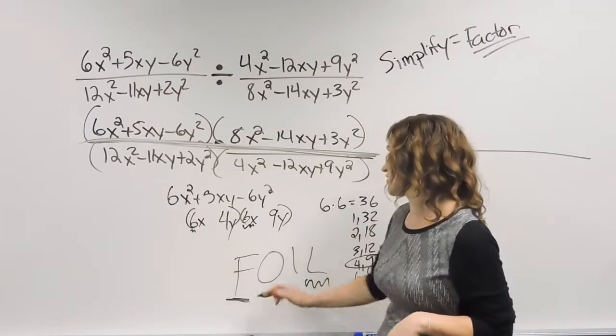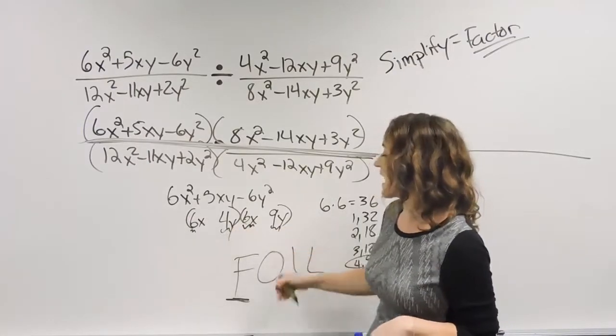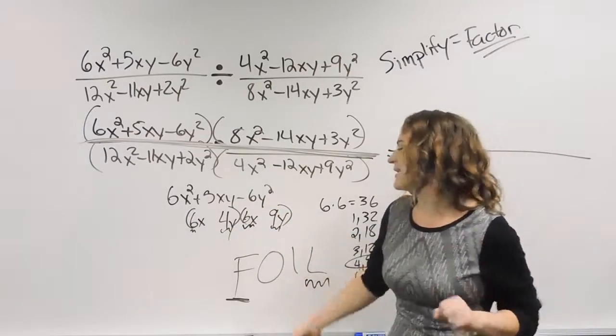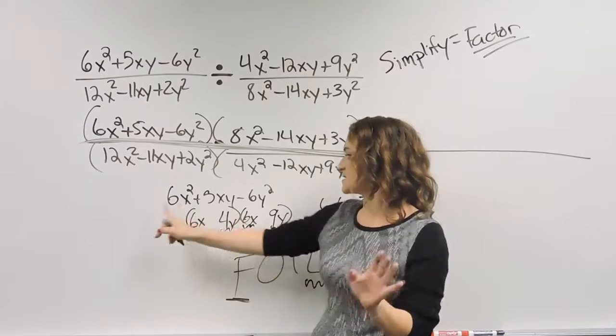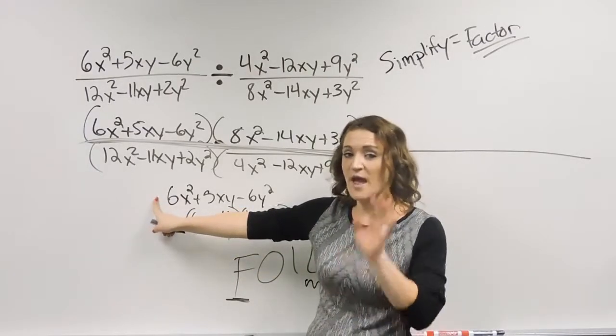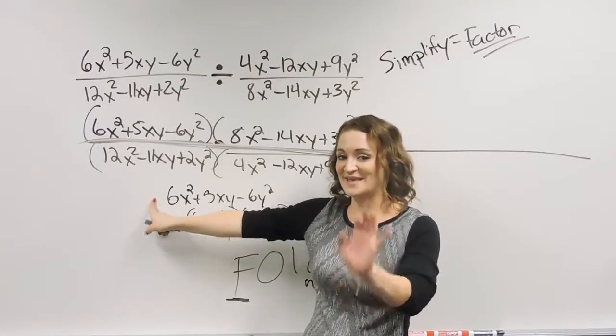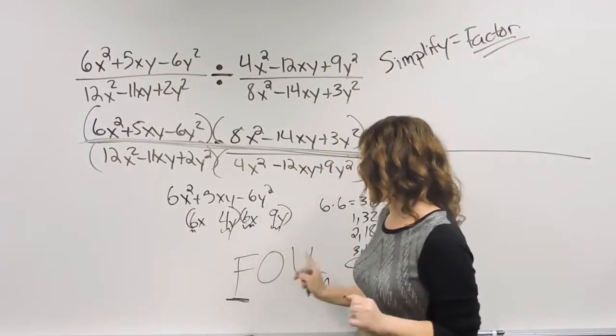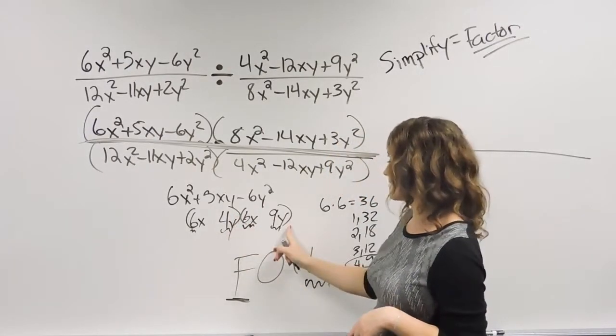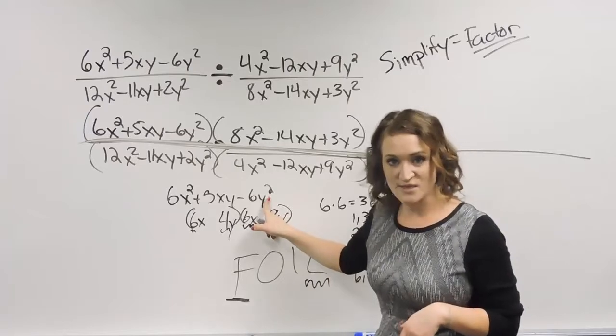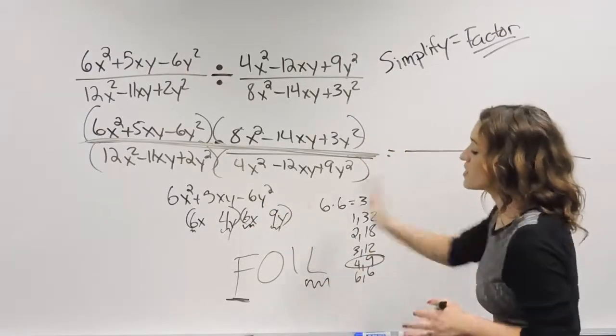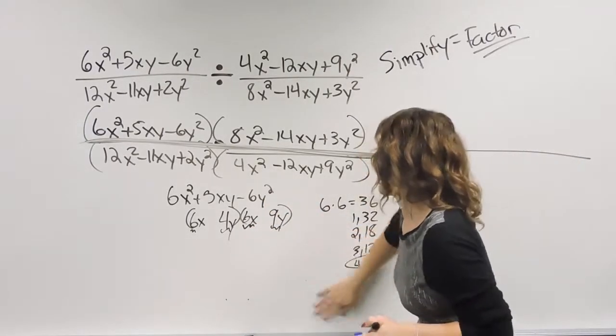And then last times last gives us this last term here. Now, I know that 6 times 6 is 36, and we have a 6 here in front. I promise you this is going to work out in the end. Otherwise, I know last times last, so this y times y has to get me this y squared here. So we need to remember to not forget about that and to put that in.